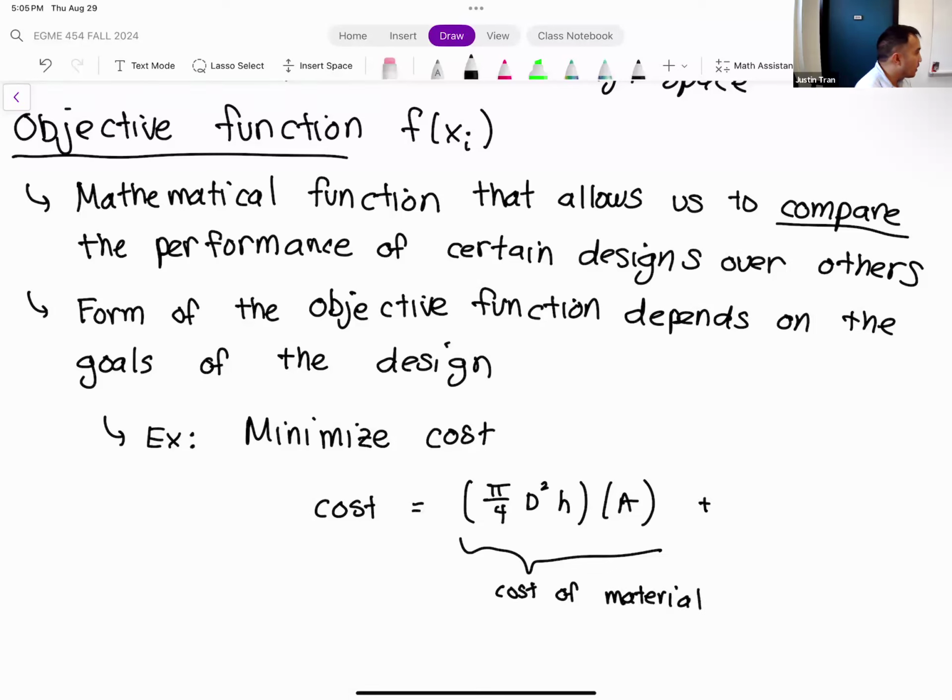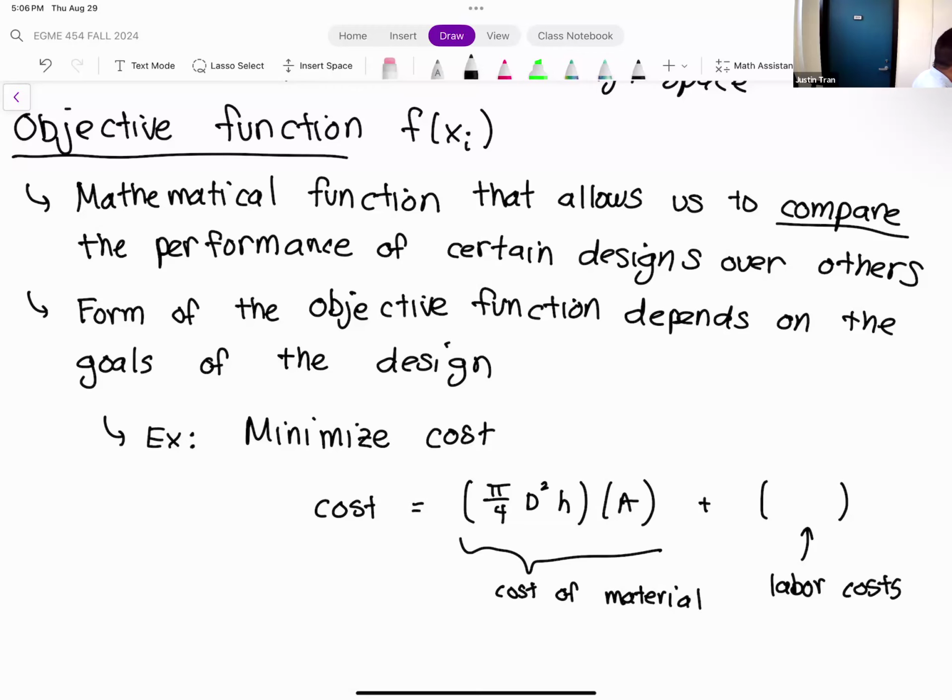Of course, that's not the only cost that's associated. You also have to pay for the labor that's involved in installing the column, and there may be some permits that you have to buy or stuff like that too.